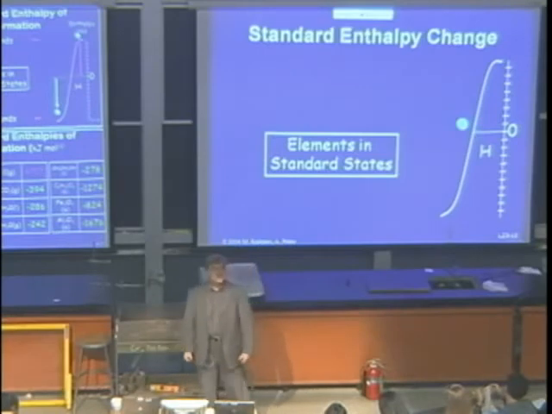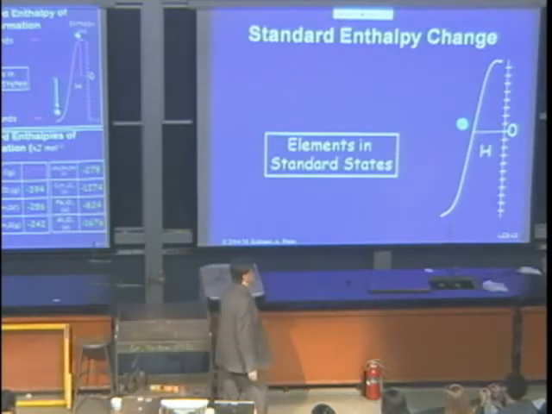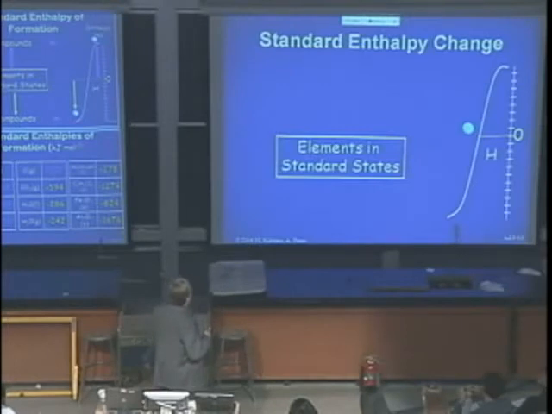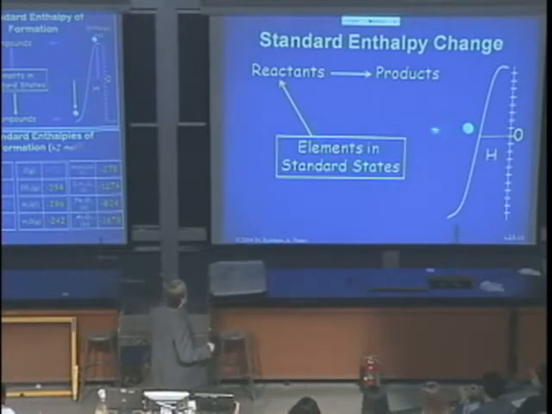Standard state means 1 atmosphere, 1 mole, and 25 Celsius, or 298.15 kelvin, I'm sorry. So these are the reactants and these are the products. First I need to know the enthalpy of formation for the reactants. So in this case, I could go up the energy hill.